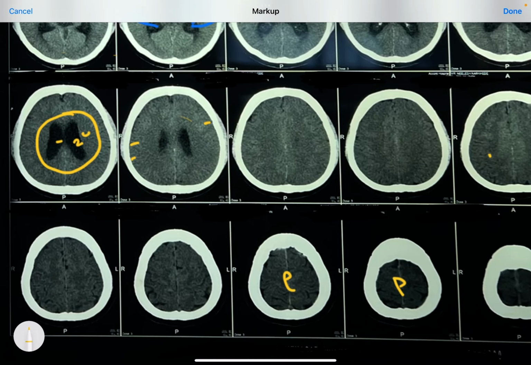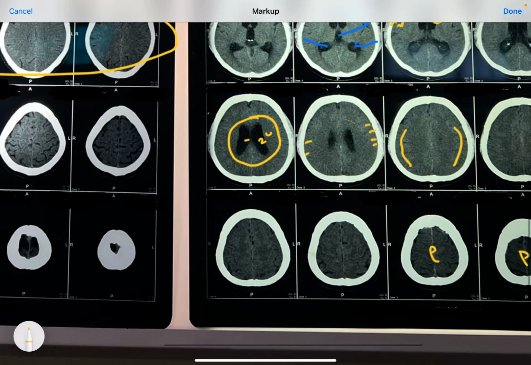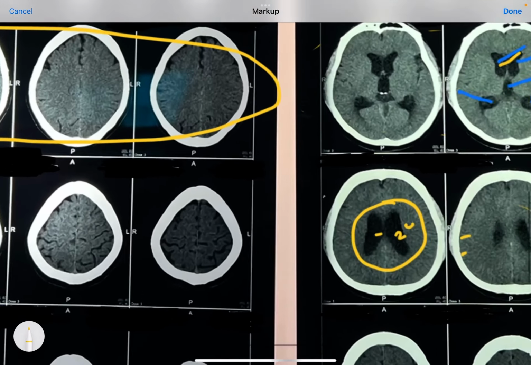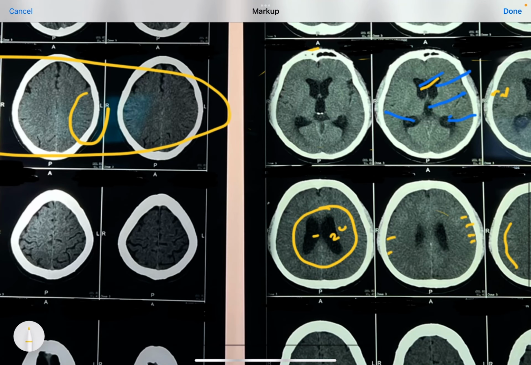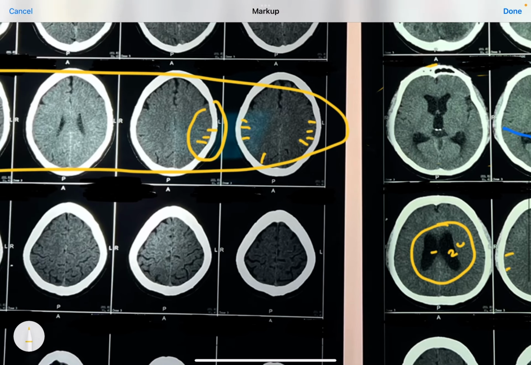The sulci are the gaps in between the two gyri. We are not able to see very clear sulci here. Compare this one. See how beautiful his sulci are. He has them here, here, here, and here. So he has very prominent sulci.